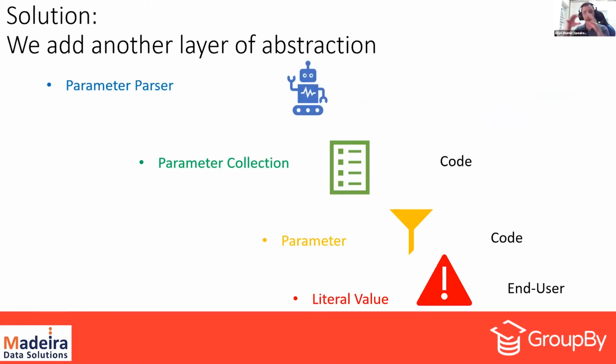Once we add this abstraction layer, which would be code, the layers below can become data, not code, data. Now our parameters, the collection of parameters, the data types, their names and functionality, don't have to be part of our code base.